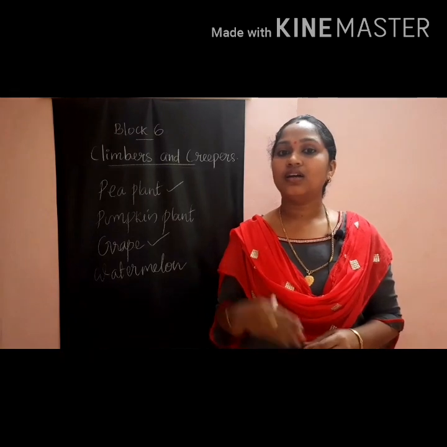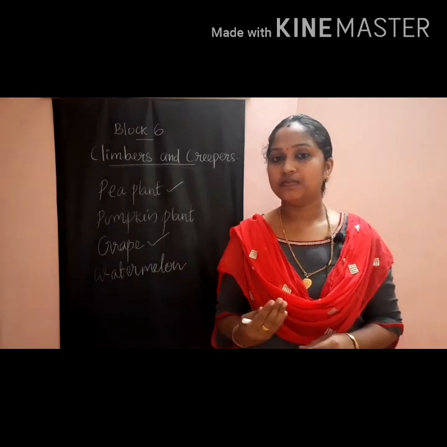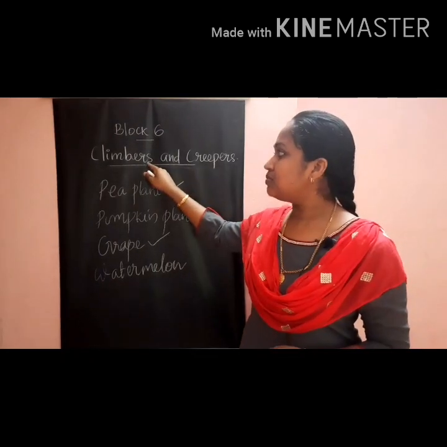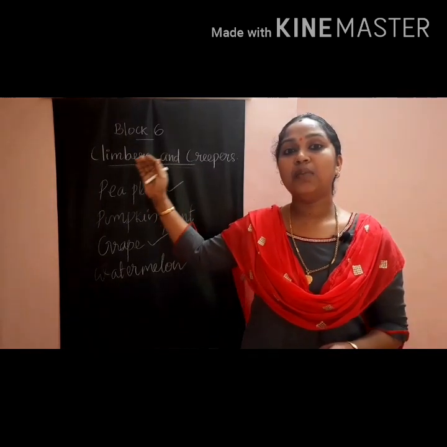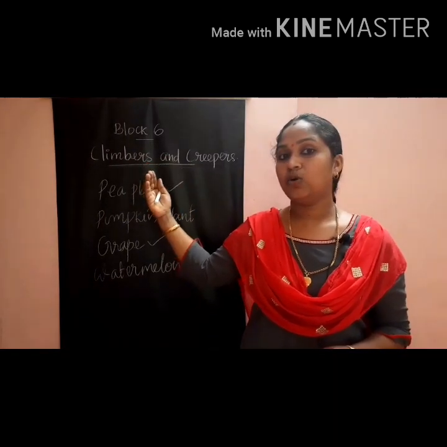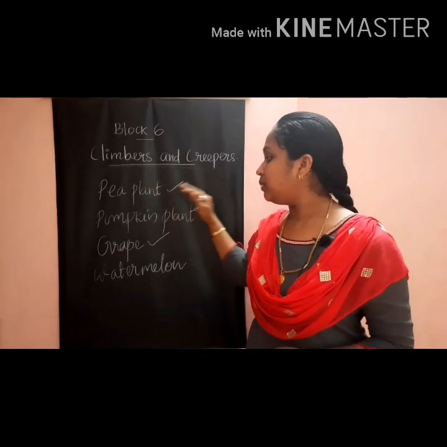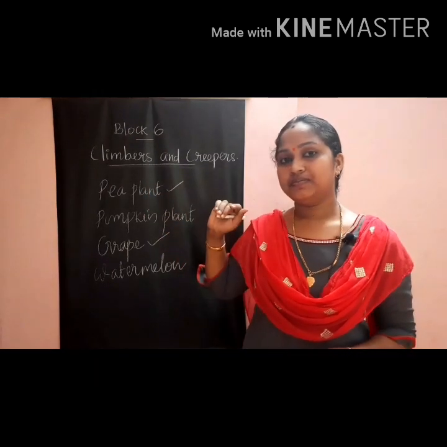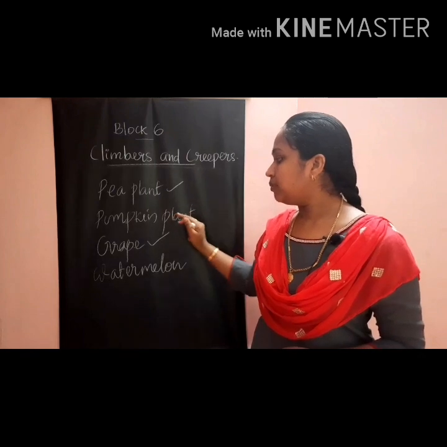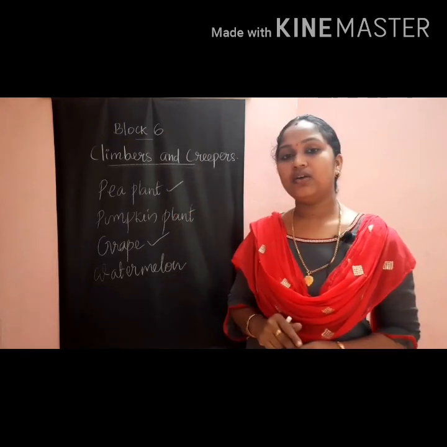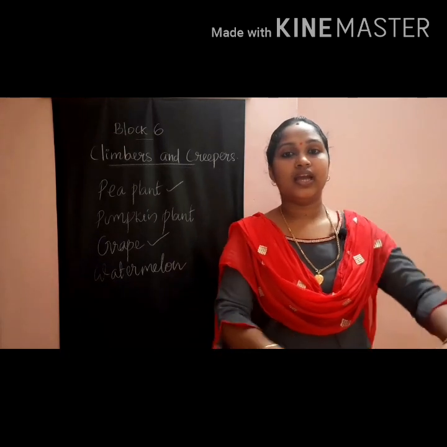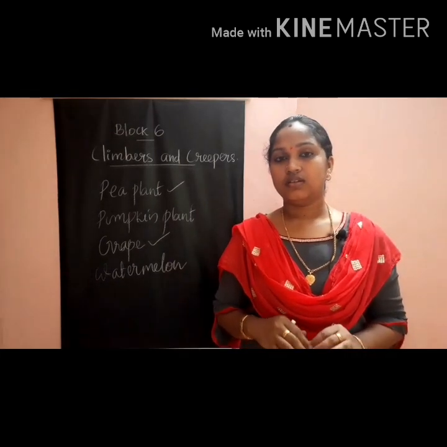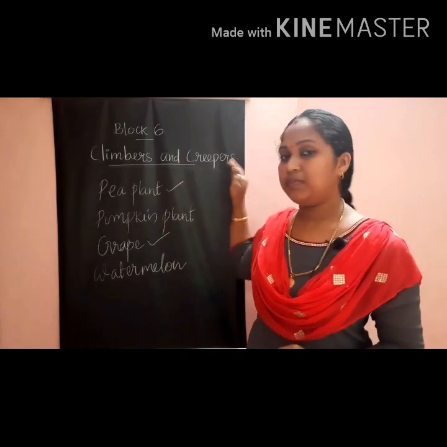So they cannot climb up. Understood? Good. Climbers means the plants which are climbing up with the help of support. Examples, pea plant and grape. Then pumpkin plant and watermelon are creepers. They are growing along the ground. Okay, so they are creepers.